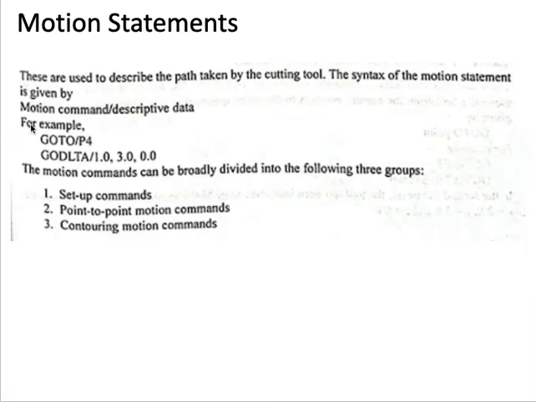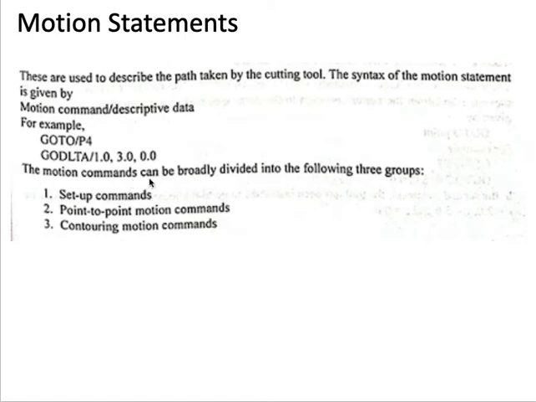These are used to describe paths taken by the cutting tool. The syntax of the motion statements is given by a motion command slash descriptive data. For example, GOTO slash P4, or GODLTA slash 1.0 comma 3.0 comma 0.0.